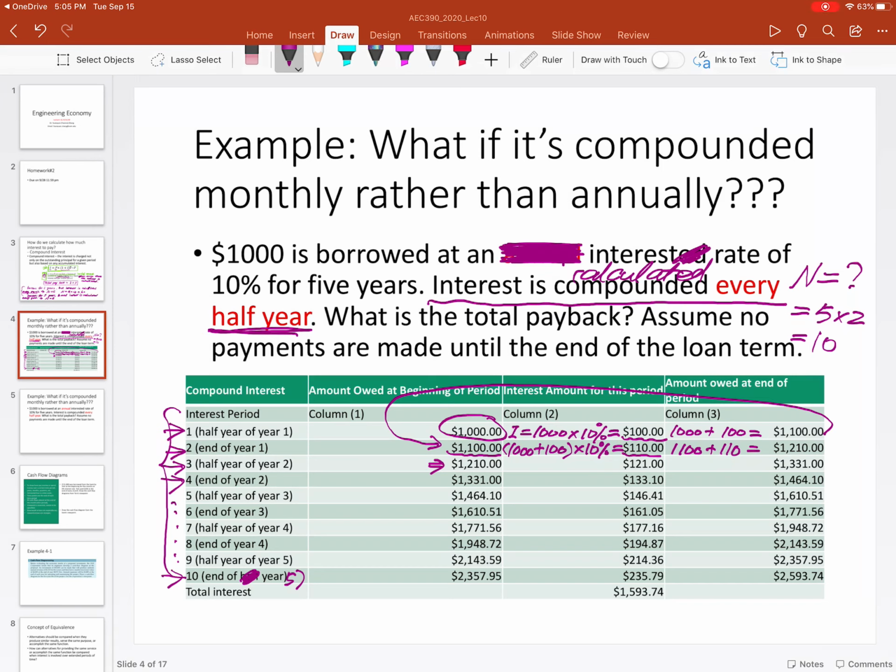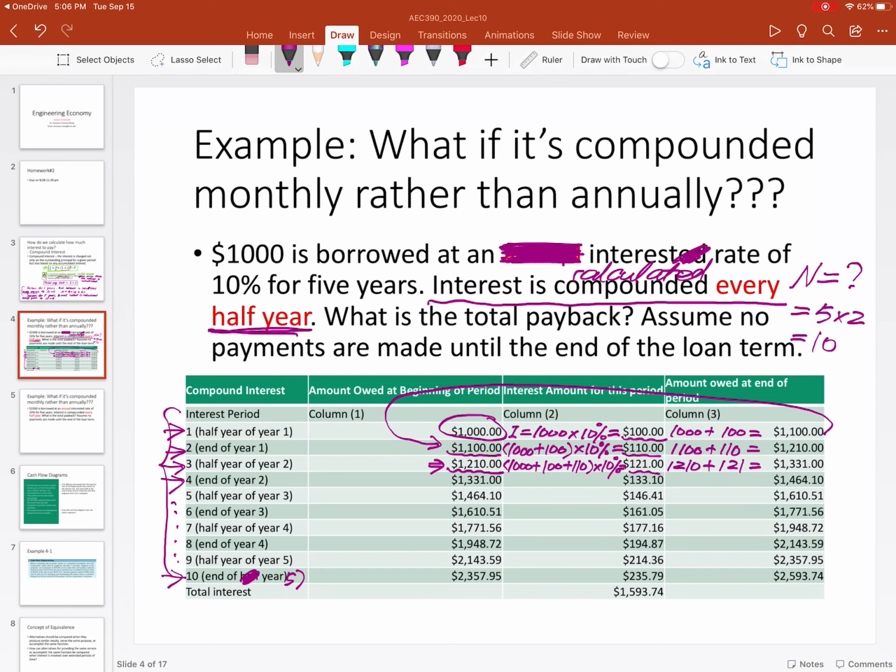And then for the third period, how do you calculate the interest? That will be the initial amount you borrow plus you got two interests in the previous periods, right? You got 100 in the first period, you got 110 in the second period, and that's your new base. And then the total amount you owe at the end of the third period will be the amount you owe at the beginning plus the new interest.